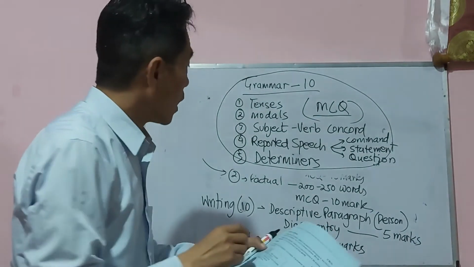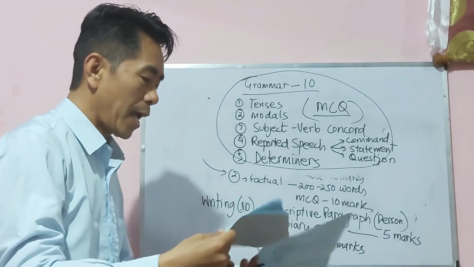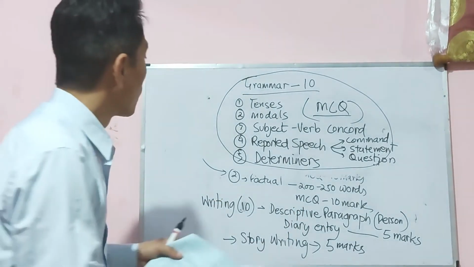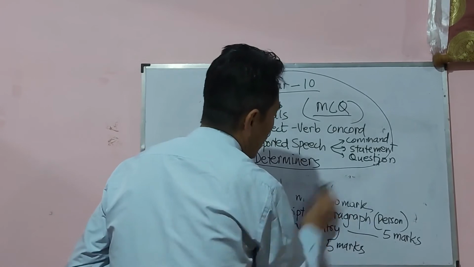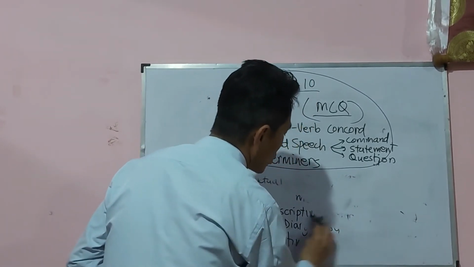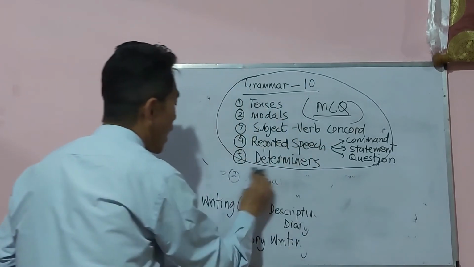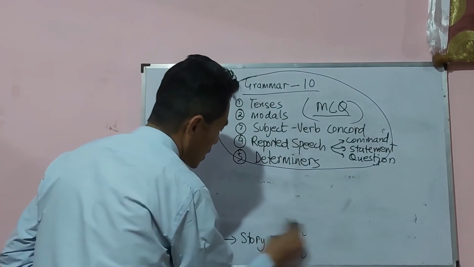Now what is left? We are left with the literature part. Let me talk about the literature part. How many marks are there in literature? There are 30 marks.